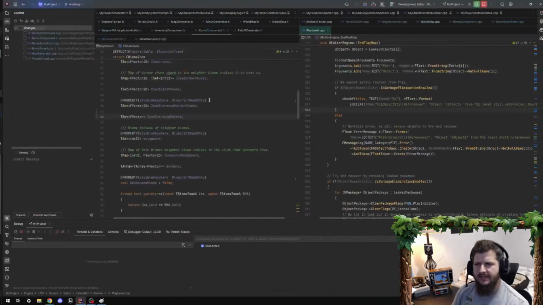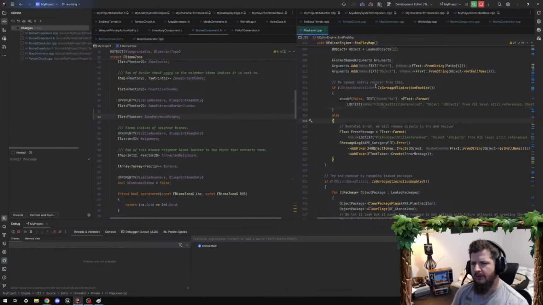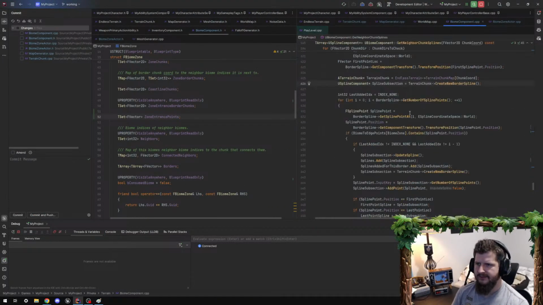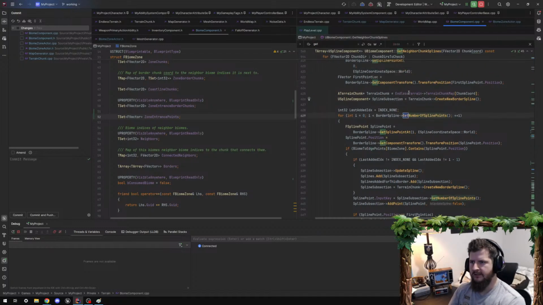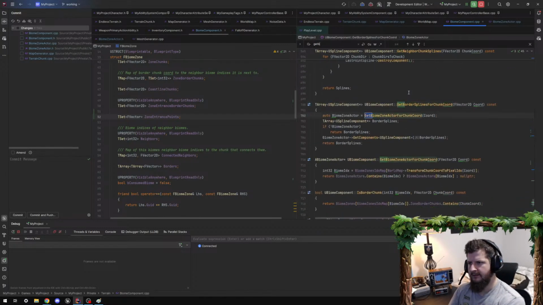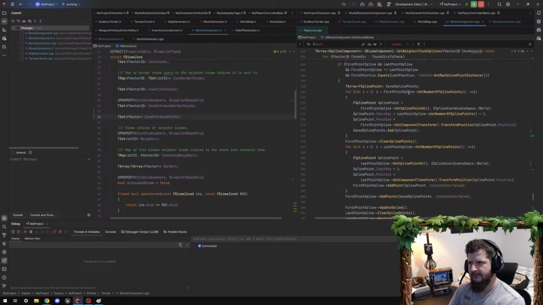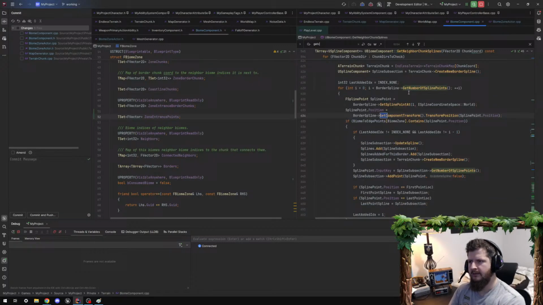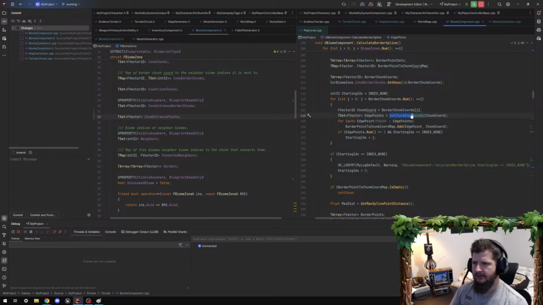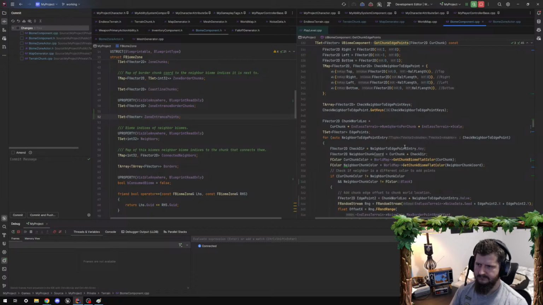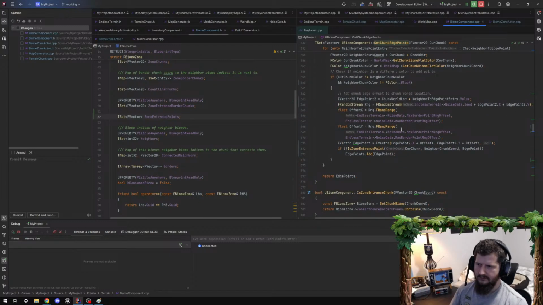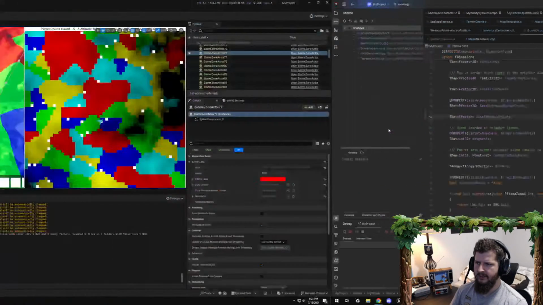Wait, am I offsetting the points? Where do I do the random offset of the points? I thought I did it in get chunk points. What is it? Get chunk edge points? Yeah, I do the random offset there.